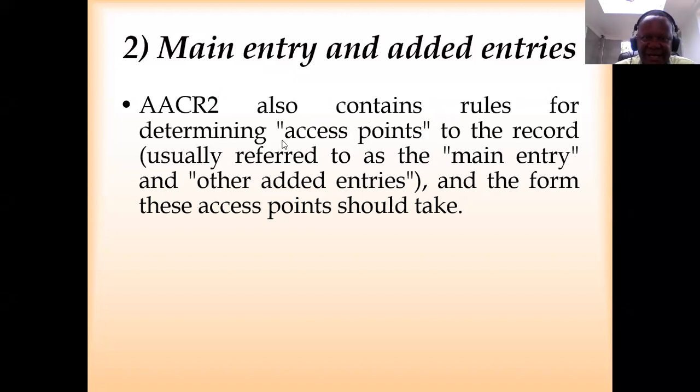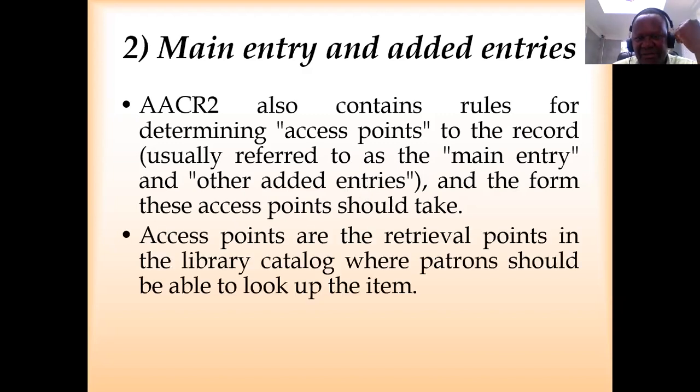If it goes under one of the authors, then that is the access point. If we prepare added entries for the other authors, then those are also access points to the record. And normally we refer to that as the main entry and other added entries. Access points are the ones we use to retrieve that publication from the library catalog.